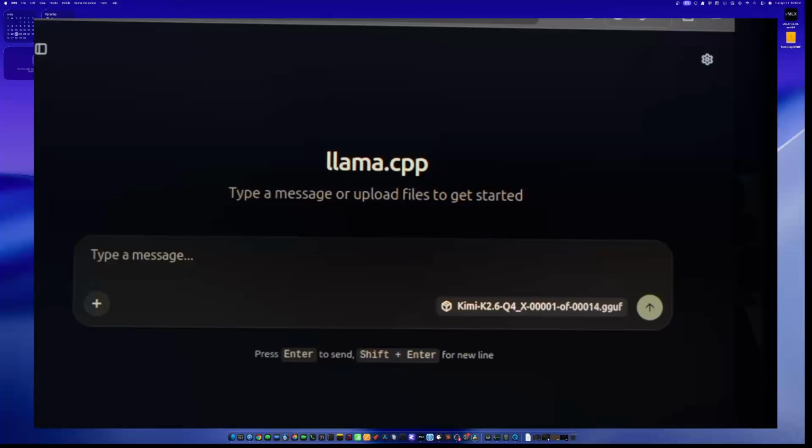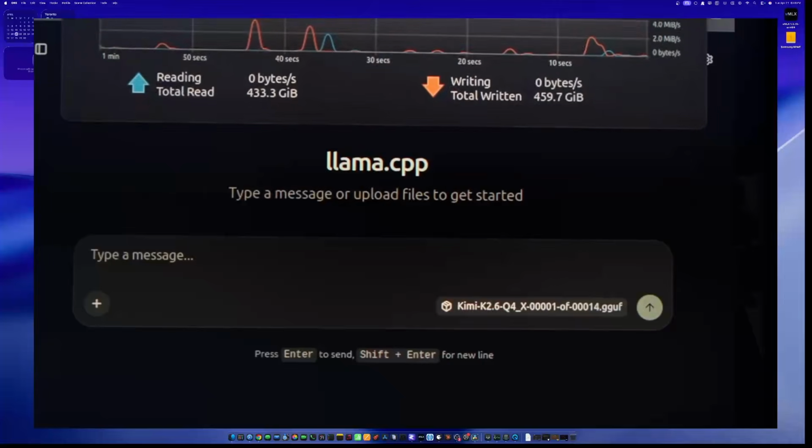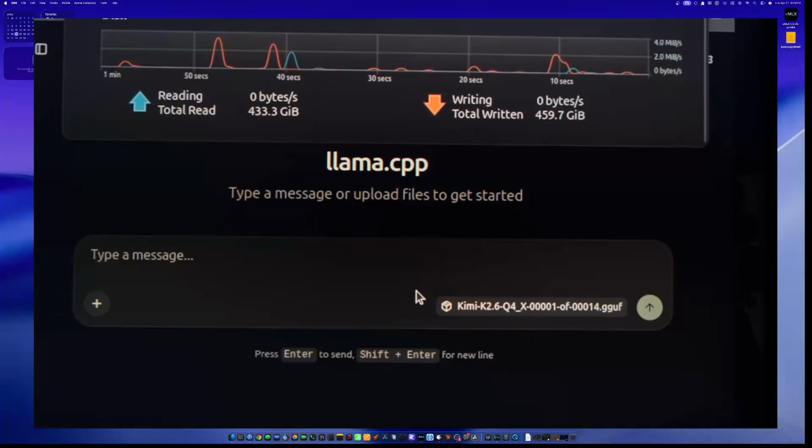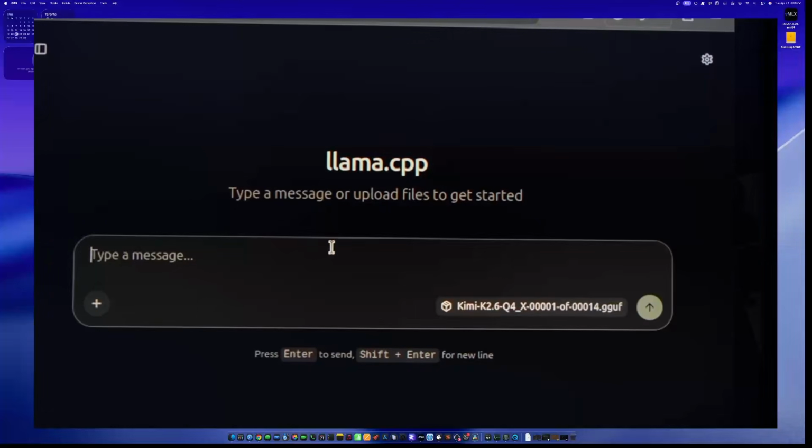Now, this is running currently on hard drive disk. I will leave this somewhere up here to show you guys how much of the hard drive we're using.